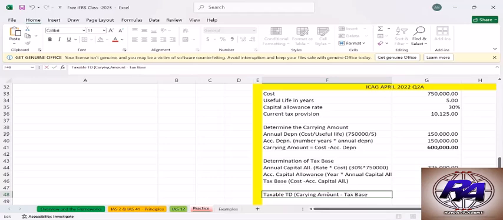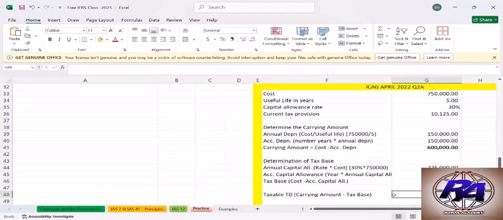So how much is our carried amount? Our carried amount is 600,000 minus our tax base, and this is giving us taxable temporary difference. Why? Because the carried amount is greater than the tax base.